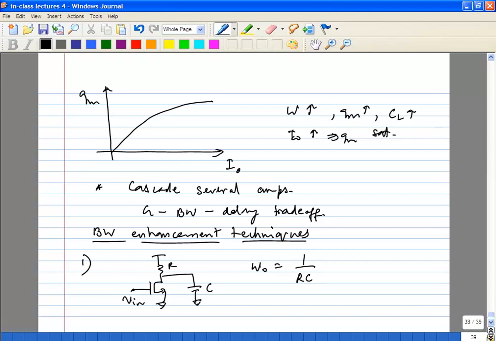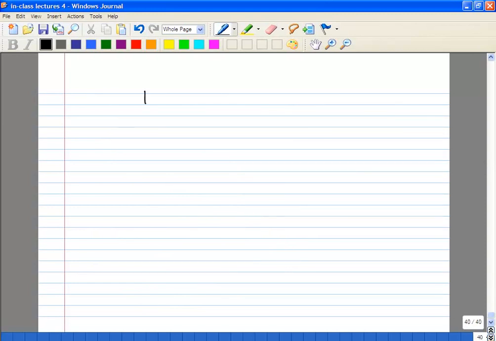One of the easiest ways is to add an inductor in series with the resistance. What you are effectively doing is the inductor adds a 0 to your transfer function. The magnitude of the 0 increases as a function of frequency. So over a small range you are going to use that to improve your gain.